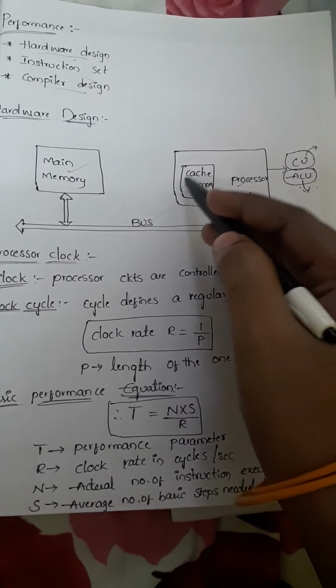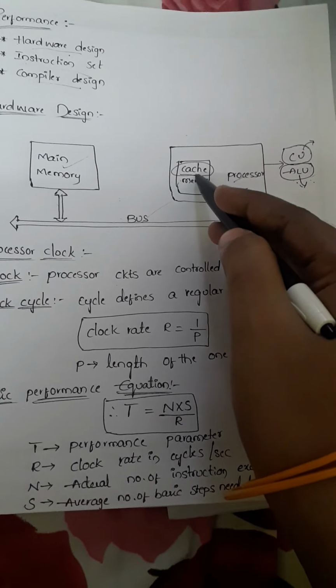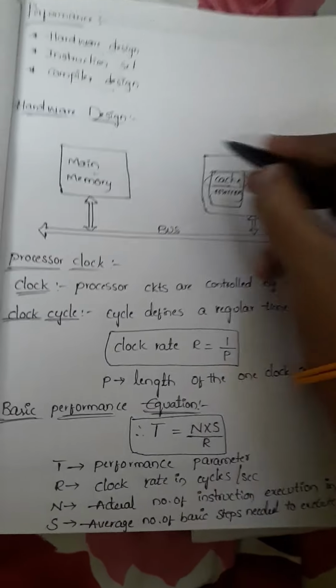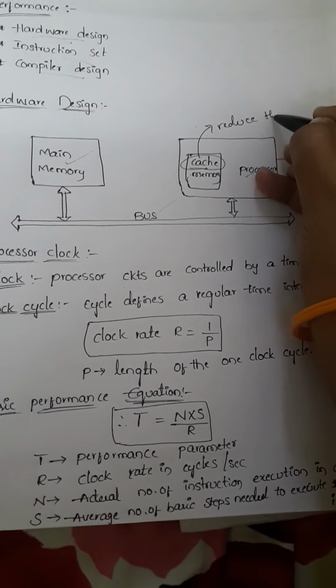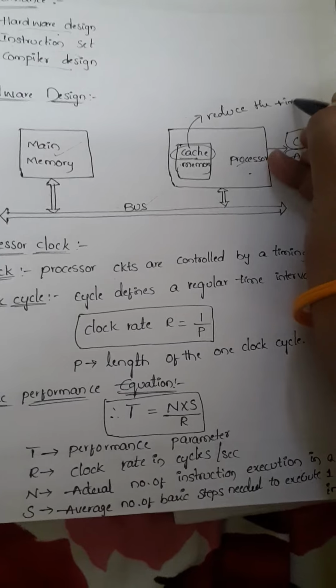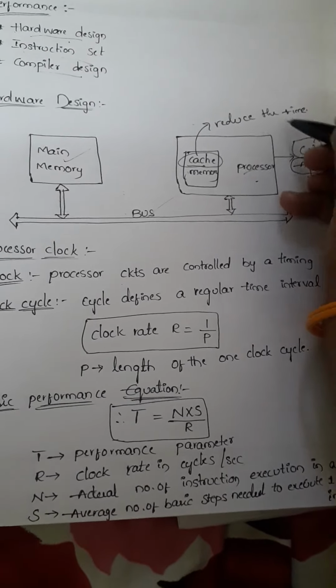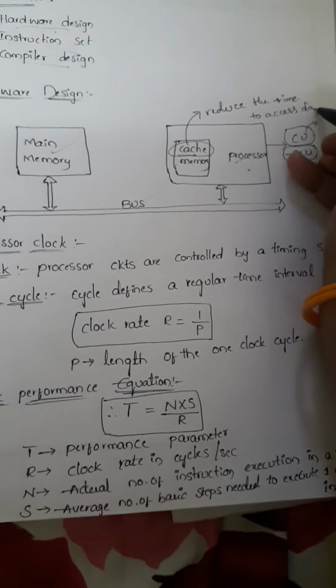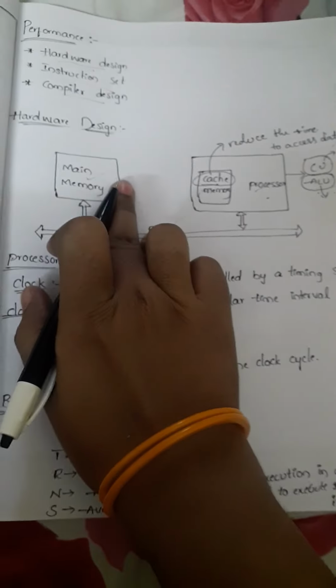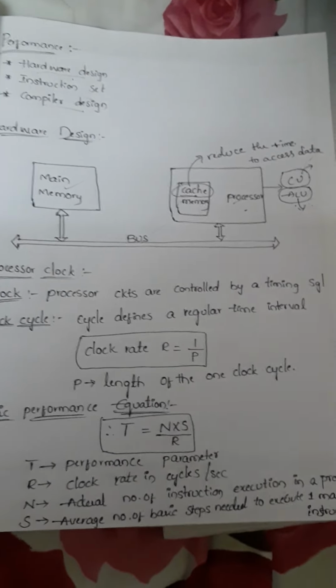What is the use of cache memory? It reduces the time to access data from main memory. So it will be reducing the time while accessing the data. For that purpose we can use the cache memory here.